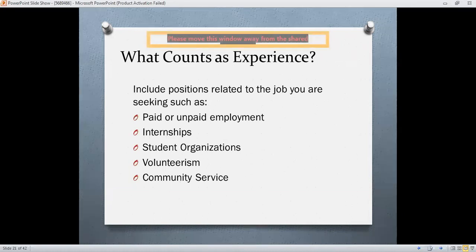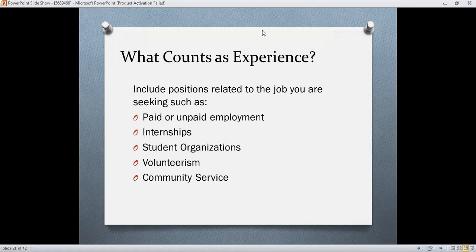And if you are a volunteer member of any agency or organization, or a member of community service or an NGO, you can use this as experience too.